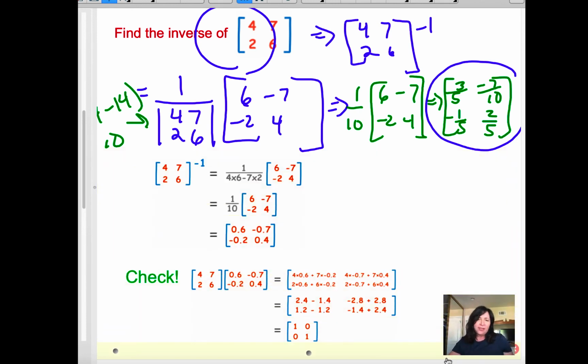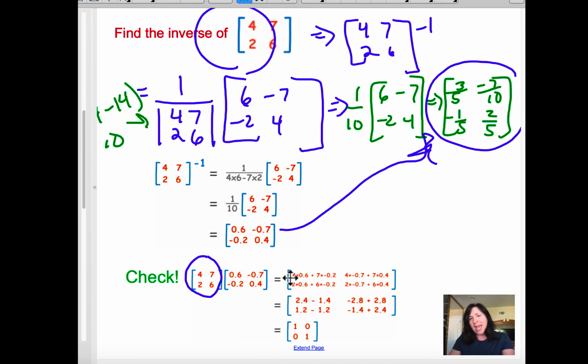What is down here is basically what we just did, but with fractions and decimals. And lastly, in this chapter I've really been harping on checking your answers. To check my work, I would take the original matrix, 4726, and multiply it by my answer.